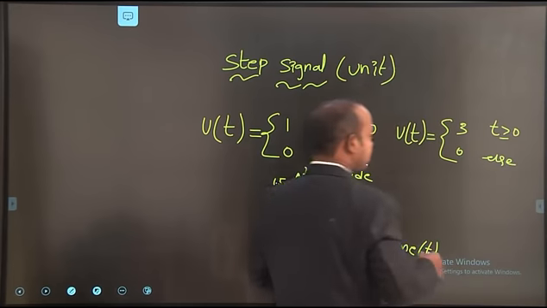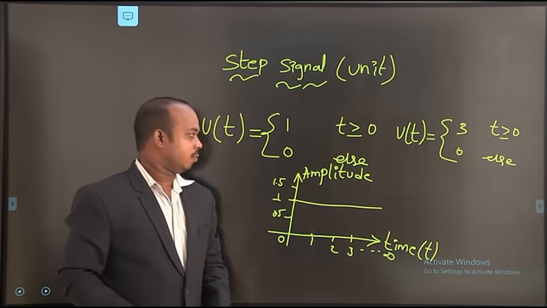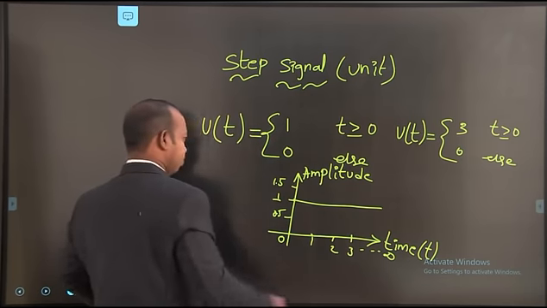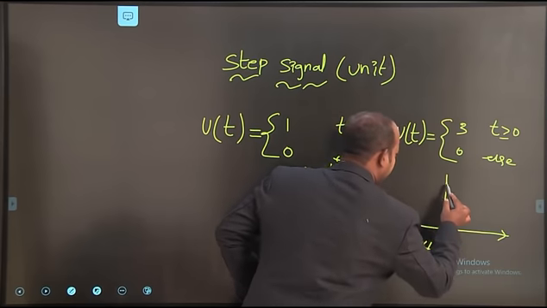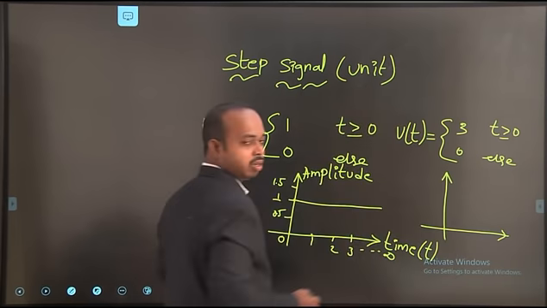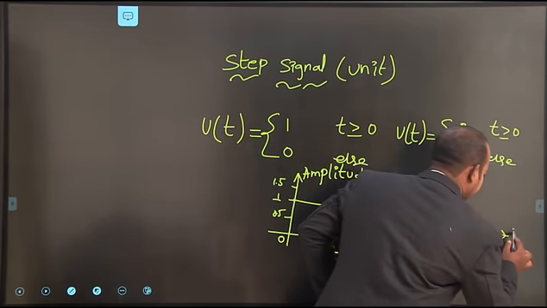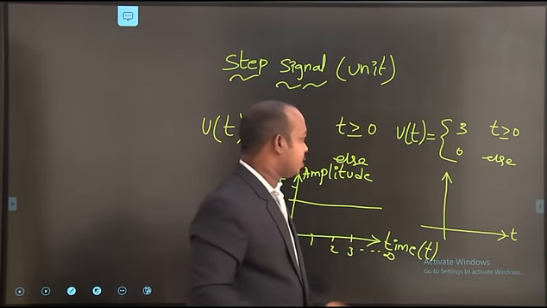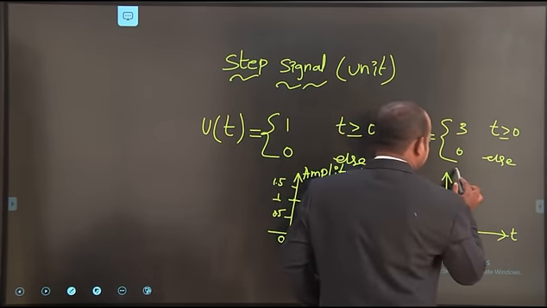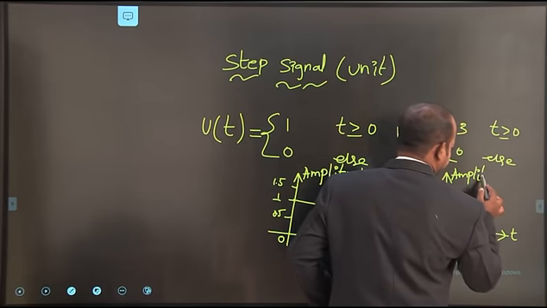To represent this step signal, we consider the same graphical orientation: in the x direction the time t, and in the vertical direction the magnitude, that is, the amplitude.